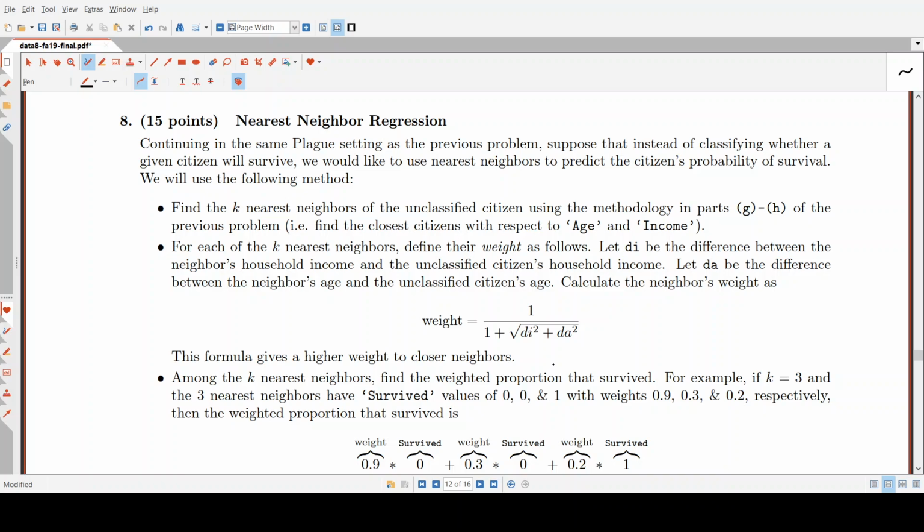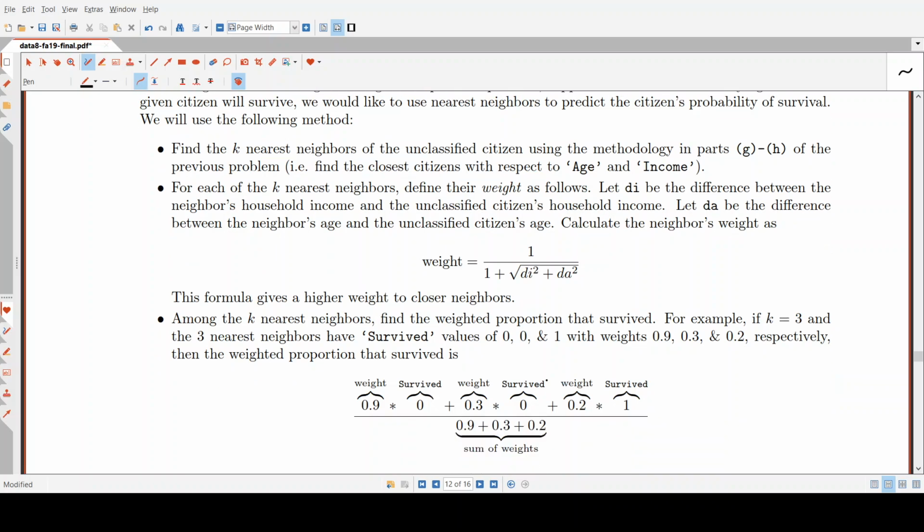Find the k nearest neighbors of the unclassified citizen according to the methodology in parts G and H of the previous problem. So just finding the k nearest neighbors. For each of the k nearest neighbors, define their weight as follows. Let dI be the distance between the neighbor's household income and the unclassified citizen's household income.